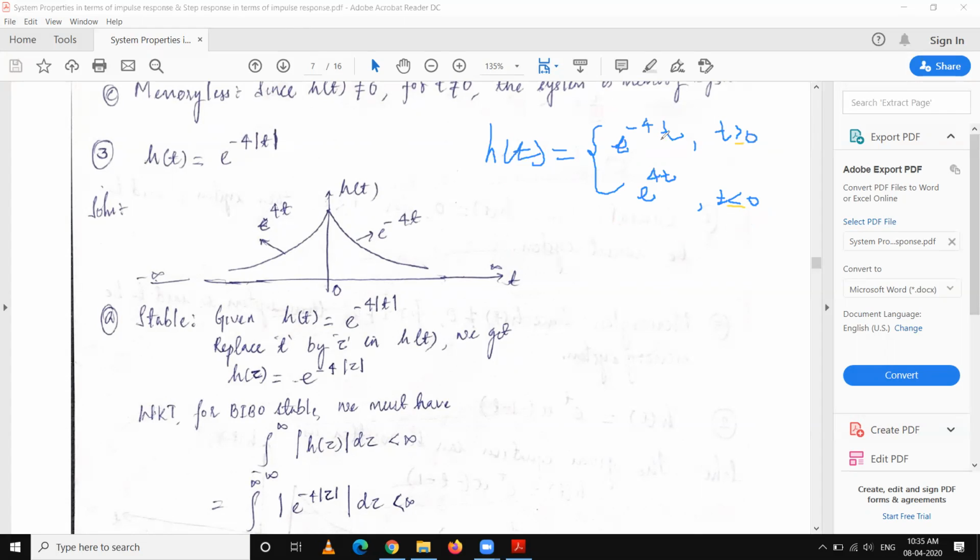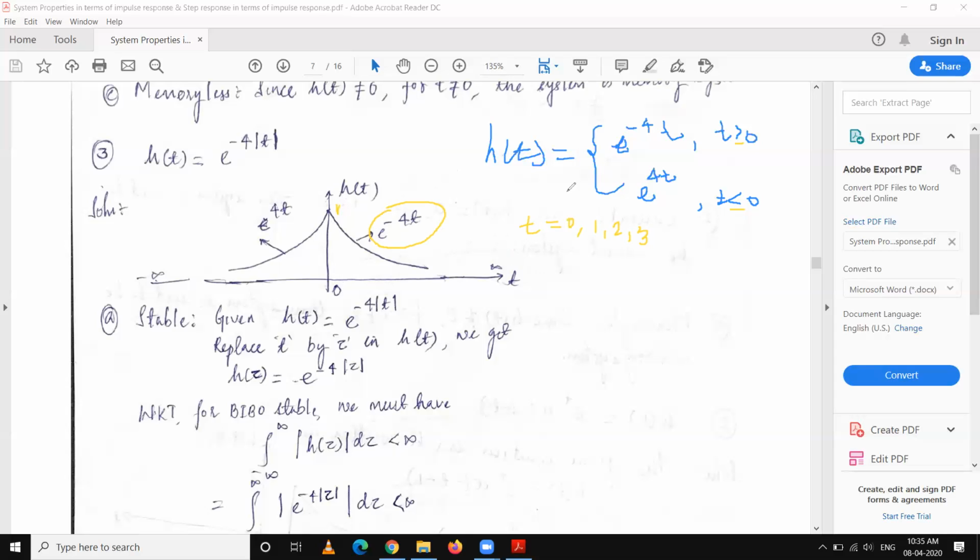If I put 0, e raised to 0 is 1. Then you have to go on putting the values of t: 0, then 1, then 2, and so on up to plus infinity. At 0 it will be 1, then it will go on decreasing.